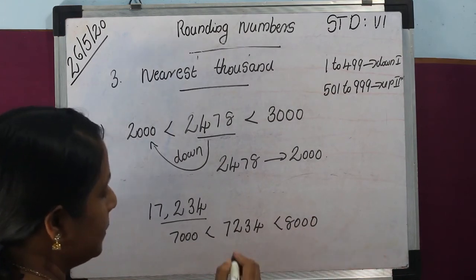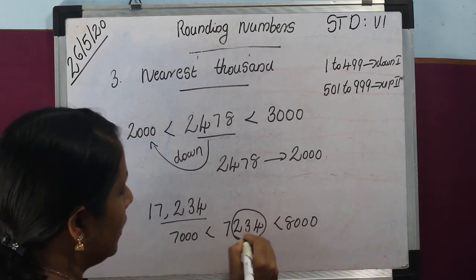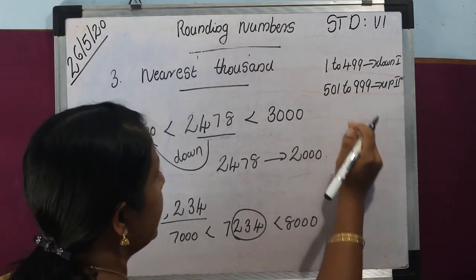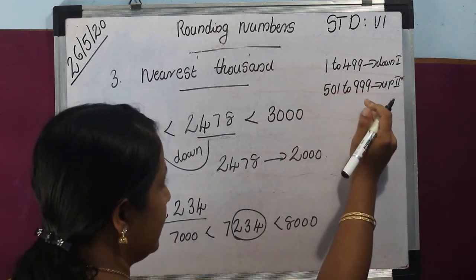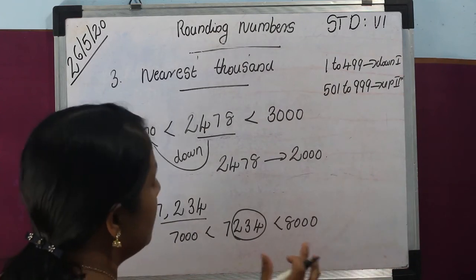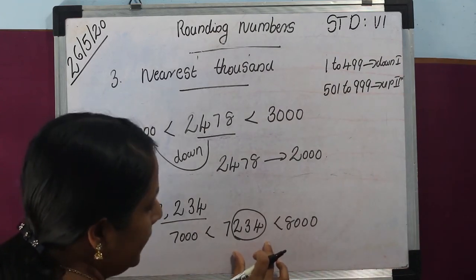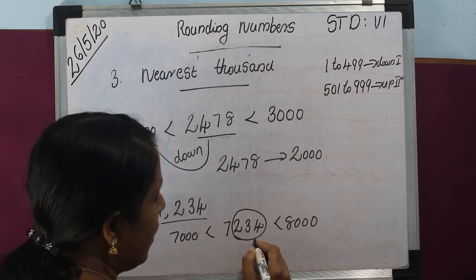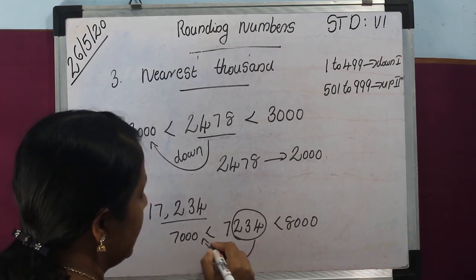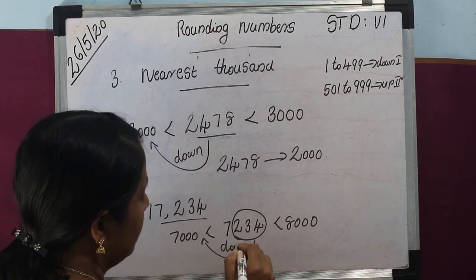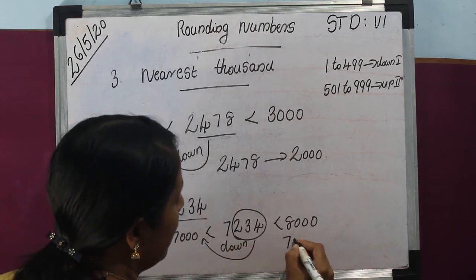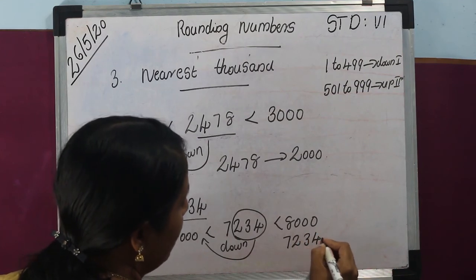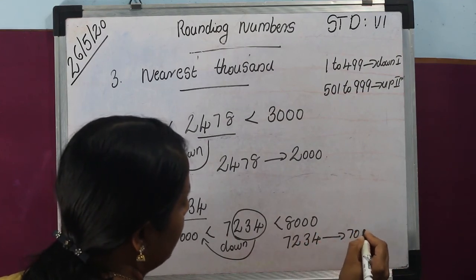Next we take the number 234. Then 234 also belongs to the first category, that is 1 to 499, which is rounded down to the first number. So 234 is rounded down to the first number, that is 7,000. Therefore 7,234 is rounded down to 7,000.